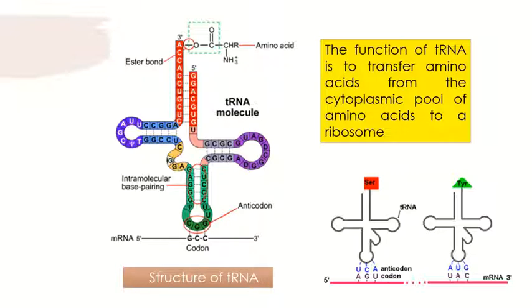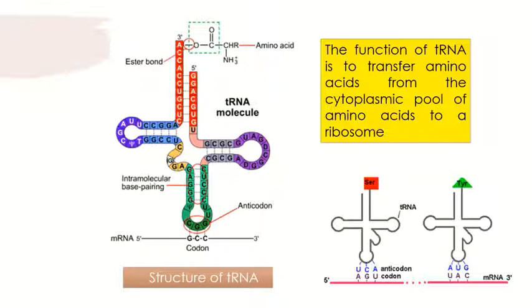The anticodon that will come here is the one that pairs with GCC. If you refer to the codon table, this GCC is actually the amino acid alanine. So the tRNA carrying alanine will come and bind to the codon GCC.